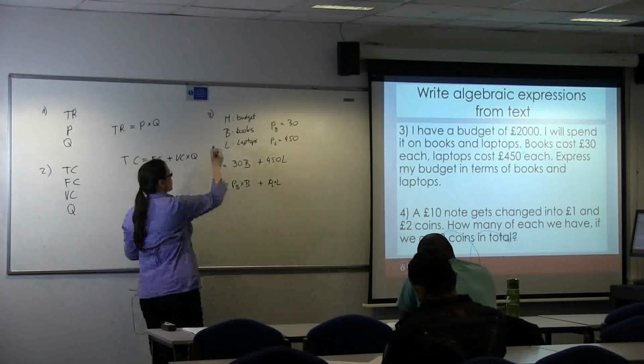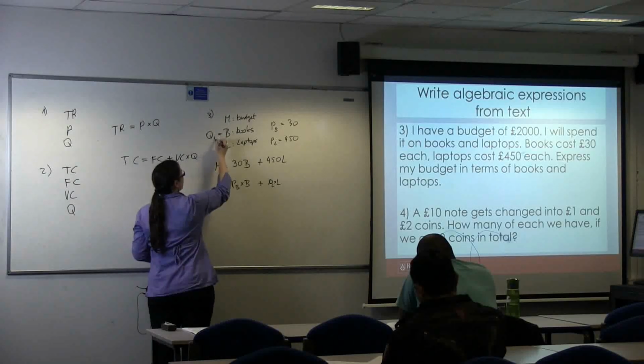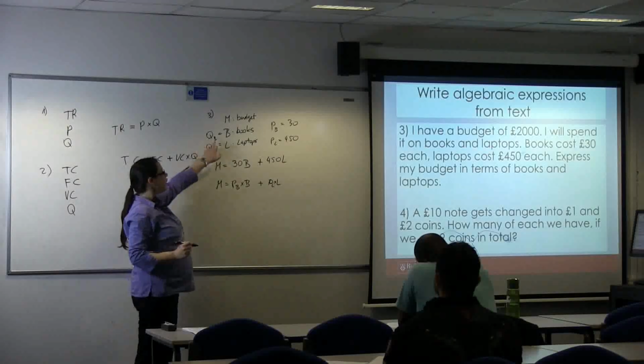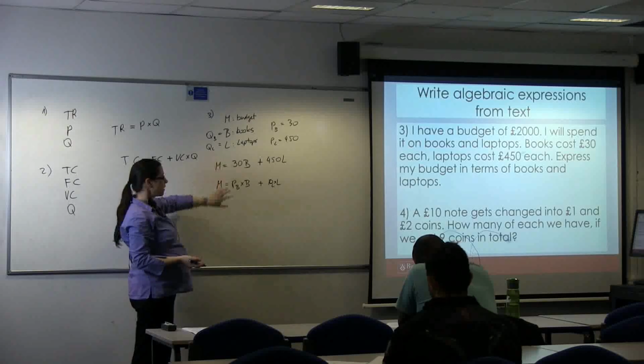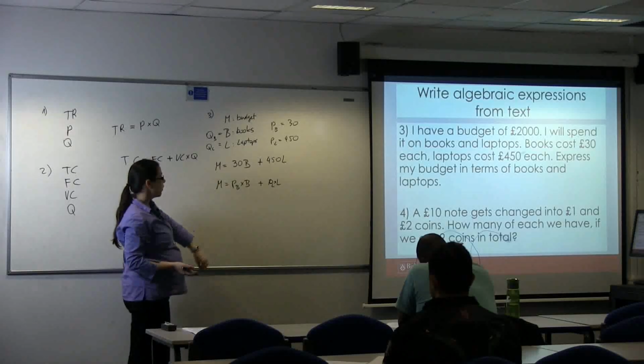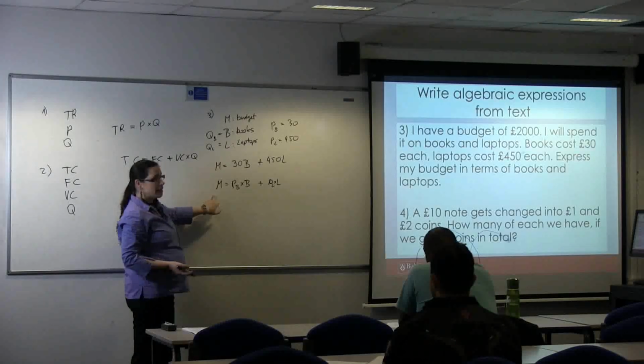I could have actually chosen, probably in a more generic scenario, you would have chosen QB and QL, quantity of books and quantity of laptops, numbers of books and numbers of laptops. That's very common use in business as well.